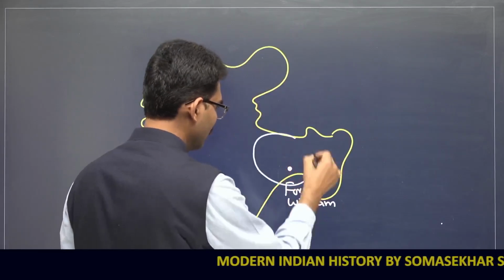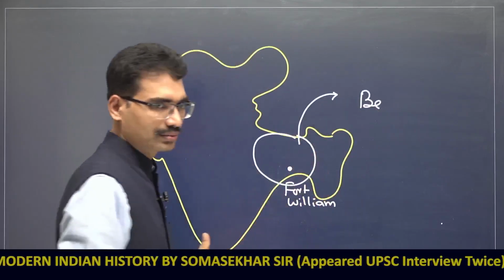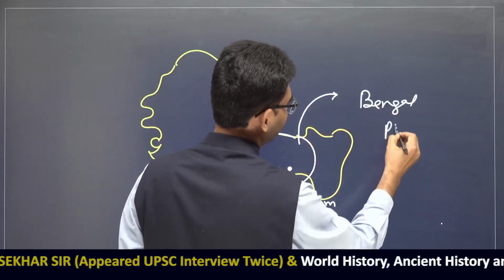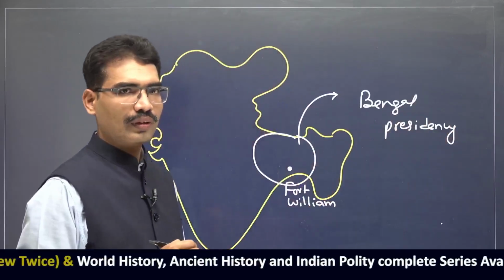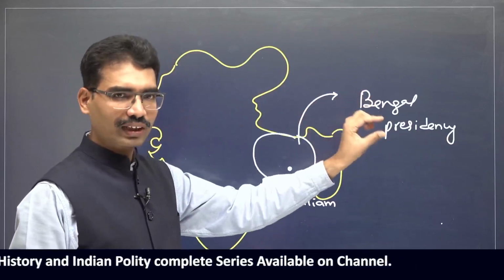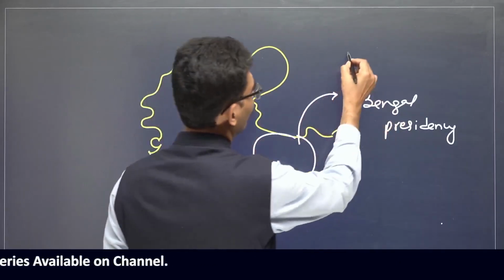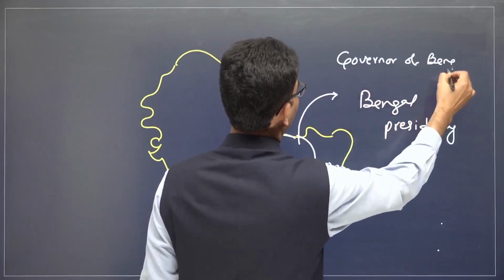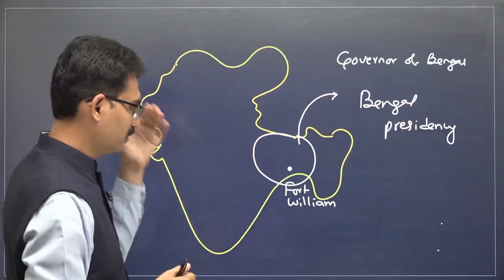These regions were under one administrator called the governor, also known as the Bengal Presidency. The administrator is the Governor of the Bengal Presidency, or Governor of Fort William, Governor of Bengal. Before the Regulating Act, this is the administrative position.